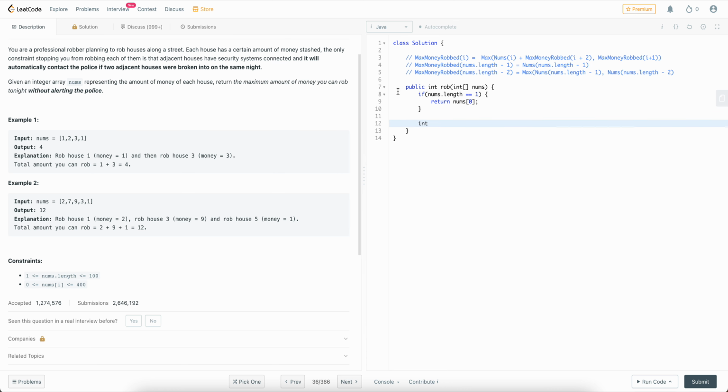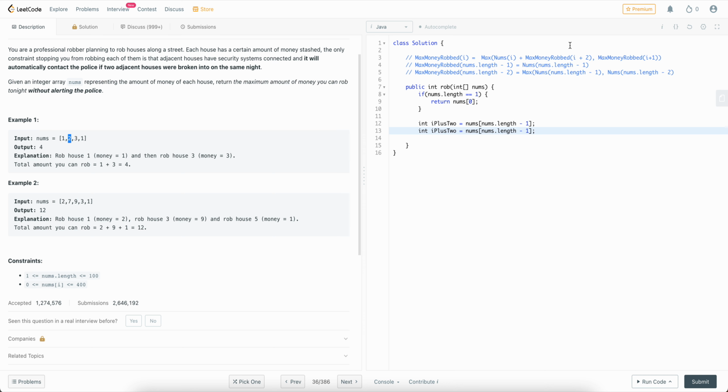So first, let's compute the last one, which is going to be the I plus 2 of this one. Let's just name it I plus 2. It's going to be nums at nums.length minus 1, and then the I plus 1, and I here is referring to the third last one because that's where we'll start our loop.